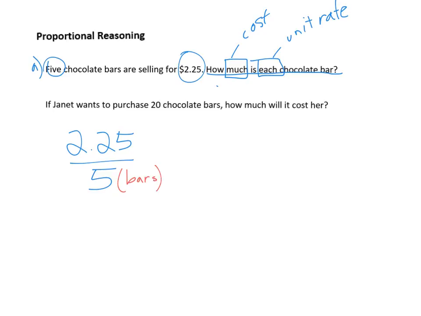So I always put the measurement or unit that I'm trying to reduce to 1 in the denominator of the fraction. 5 is the denominator here. Okay, so I do $2.25 divided by 5, because fraction is division, and I get 45 cents per chocolate bar.